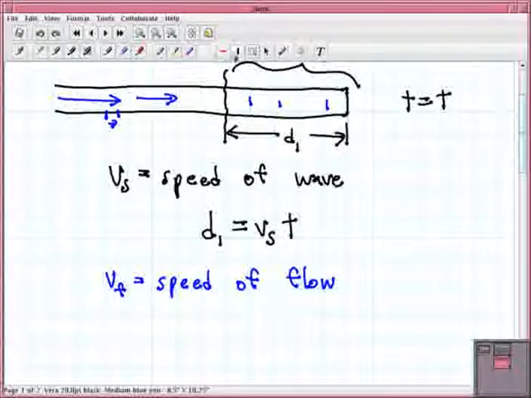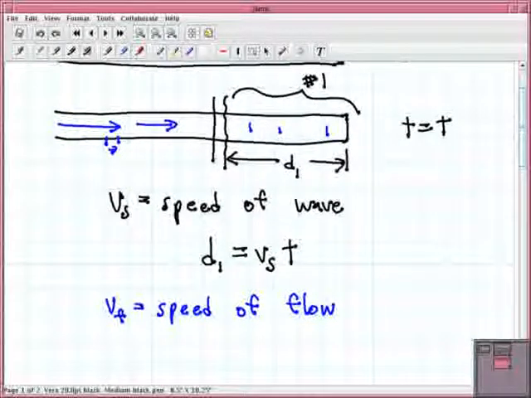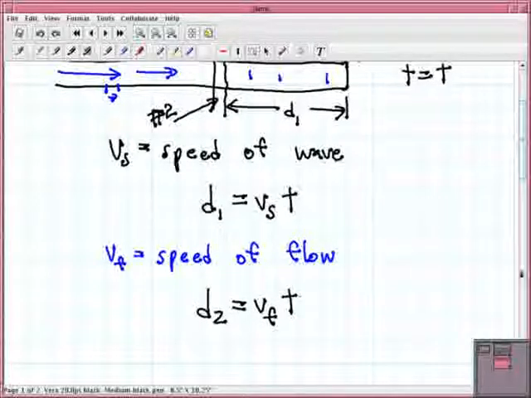And what I'm most interested in here is an area right here that I'm going to call area number 2. And the width of it is going to be d2, and d2 is the velocity of the flow, Vf, times t.